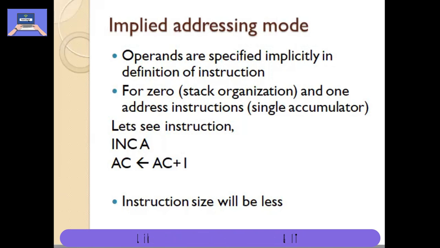Source and destination are both hinted in the instruction. That means where you get the data and where you have to store it are both given in the instruction itself. You don't have to decode the instruction to get an address that will be somewhere else. The instruction tells which data we have to work on, and we don't have to mention any other variable, value, or memory location. That is the implied mode.